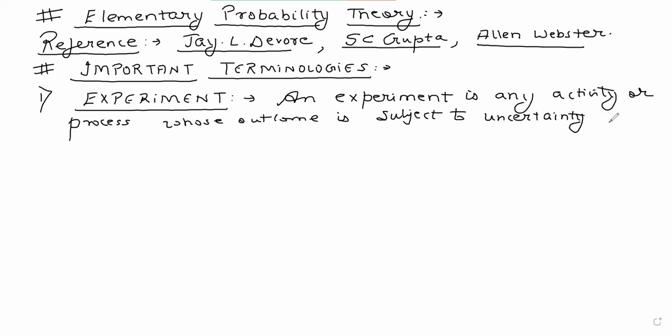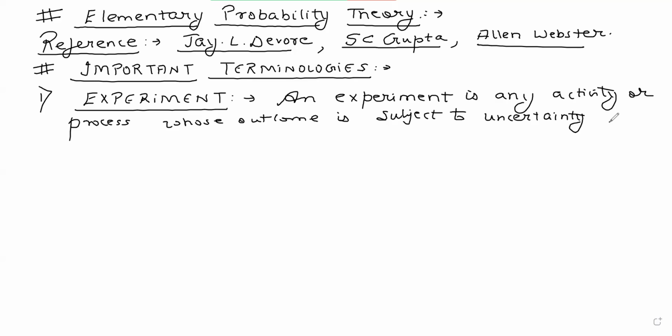So when we talk about an experiment, in statistics, when you are conducting an experiment, you don't know exactly which outcome will take place. So the outcomes of an experiment are uncertain. For example, a very simple experiment of tossing a coin. Now, you don't know with certainty whether heads will come up or tails will come up.